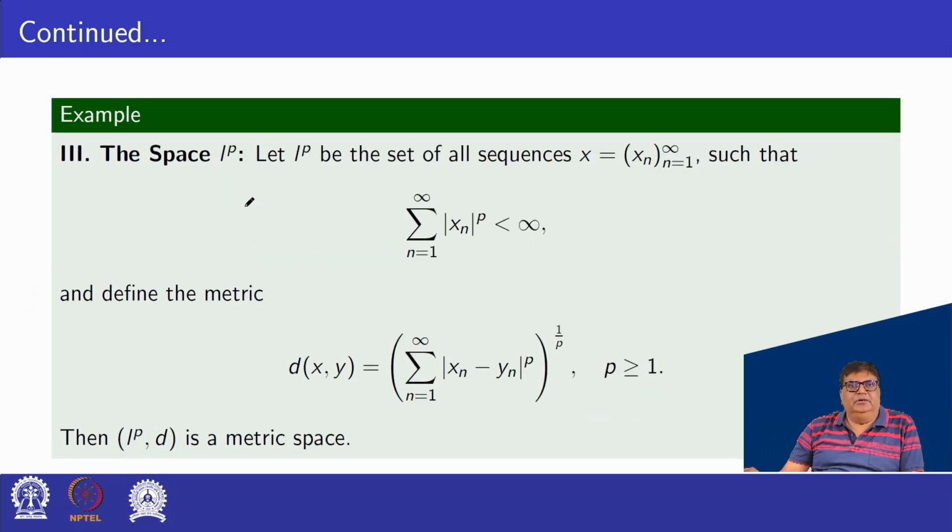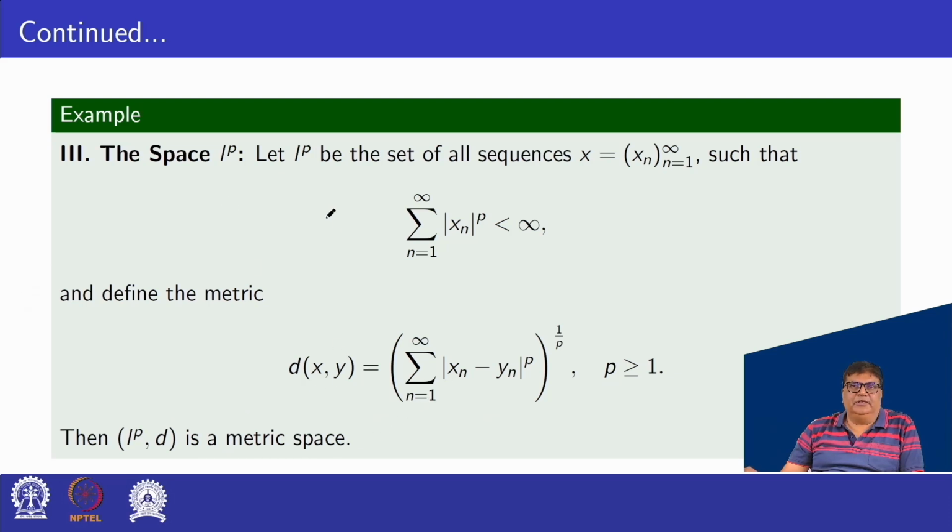Third example, the l^p space. Let l^p be the set of all sequences x equal to (xn), n equal to 1 to infinity, such that summation n equal to 1 to infinity of |xn| power p is less than infinity, and define the metric as this, for p greater than or equal to 1. Then (l^p, d) is a metric space.